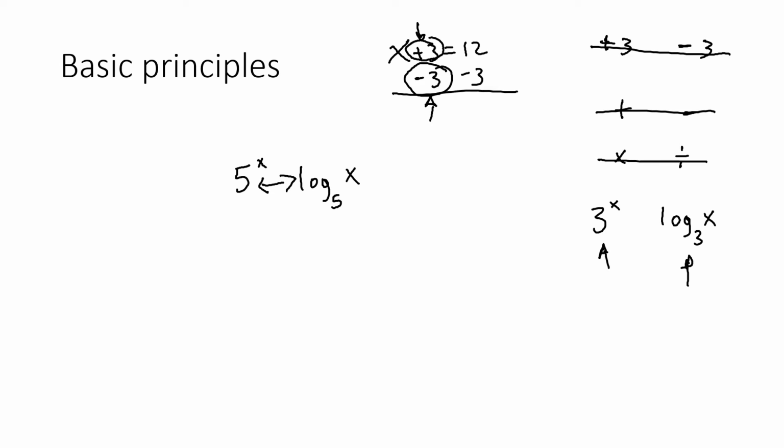We know that these functions are inverses of each other, so no matter how we combine them, they're always going to eliminate each other. If we do log base 5 of 5 to the x, the log base 5 and the base 5 cancel each other out and just leave x. Or if we did it the other way, 5 to the log base 5 of x, these would similarly eliminate each other and just leave x.